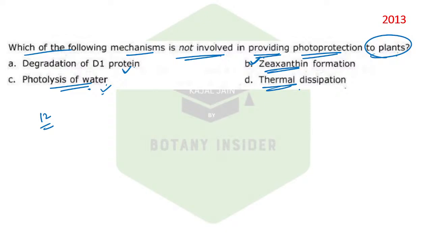If you know the concept of photoprotection, and if you know the various points playing a role in different parts, you'll be easily able to solve it. For example, photolysis of water is majorly seen in the Z scheme, or we can say the light reaction of photosynthesis. In this you have photolysis of water playing the role.